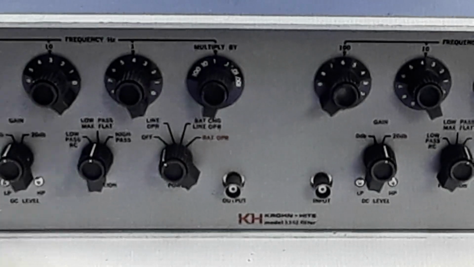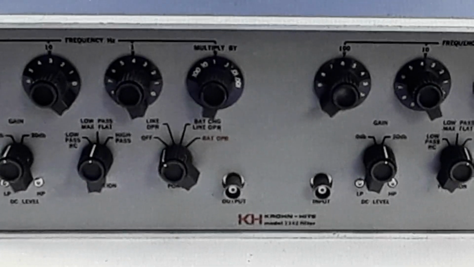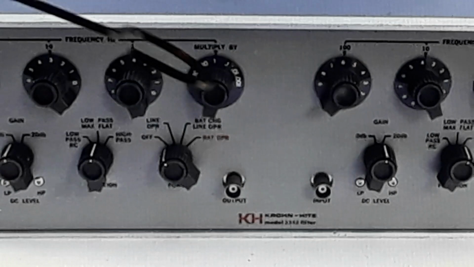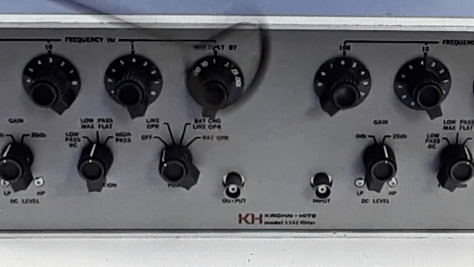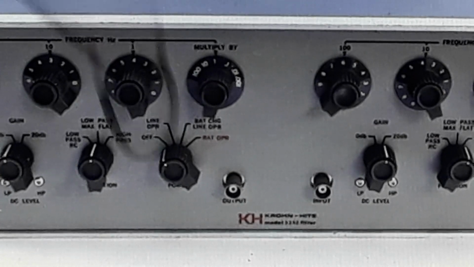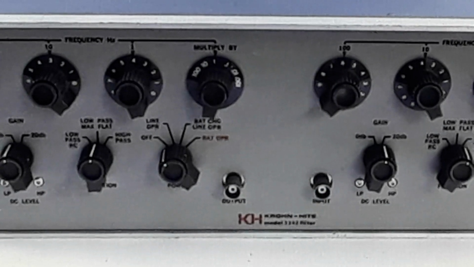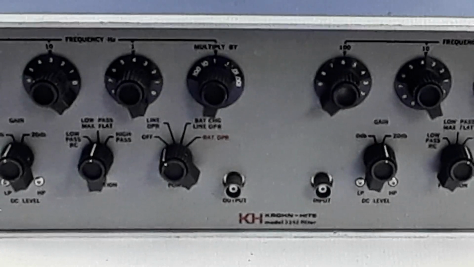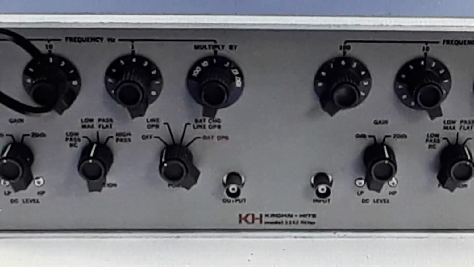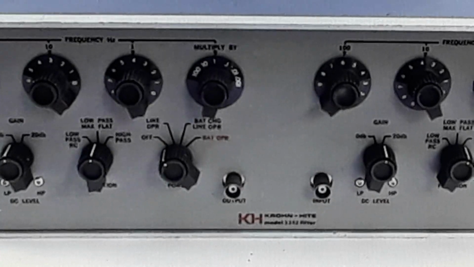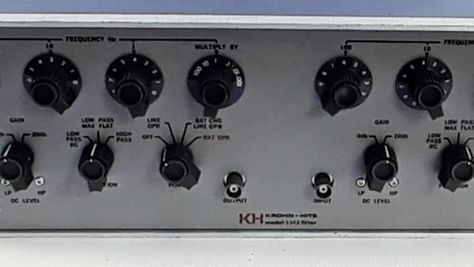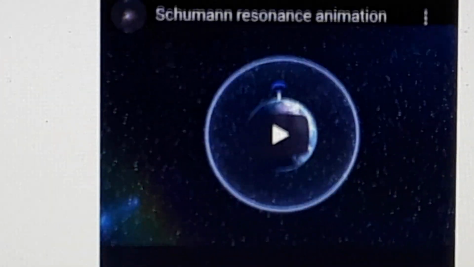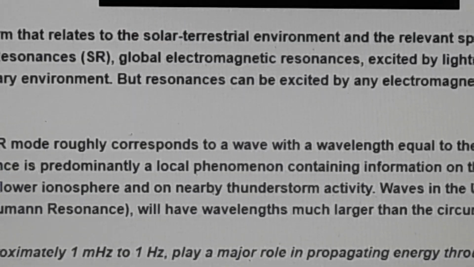This system, you saw how high up he's going in frequency. So he's got 1, 2, 3, 4, 5, 6. He's got 6 modes, whereas Tomsk only has 4 modes. See the difference? Then you have frequency and the hertz. So just an important thing. Okay, Schumann resonance animation, geospace is the term.